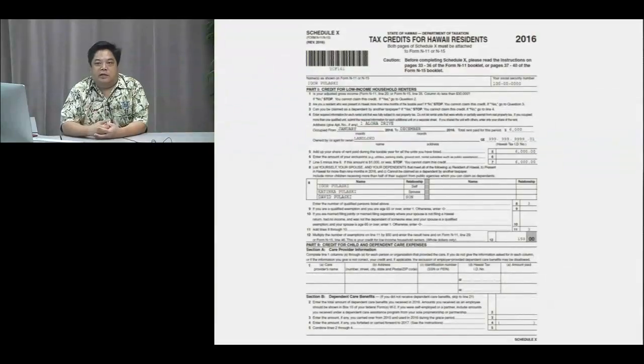I can refer you to that page in the instructions. As far as it states, F1 is automatically a non-resident for Hawaii tax purposes, because you're here as long as you get an education under F1, and you intend to go back to your home country after you finish your education. Whereas J1 could be either way.